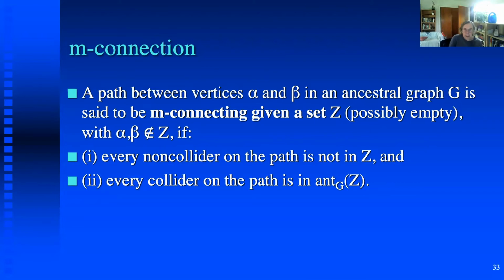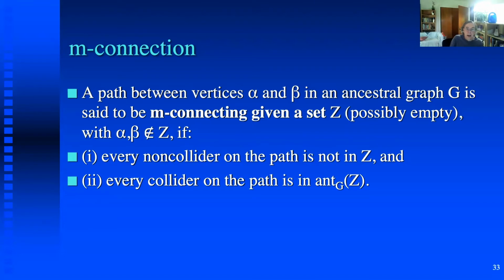So it is a very natural kind of generalization of D-connection. It's just slightly different because now we have double-headed edges as well as directed edges. Everywhere two arrowheads come together, we just call that a collider. So we have patterns of colliders that we can't get in a DAG.